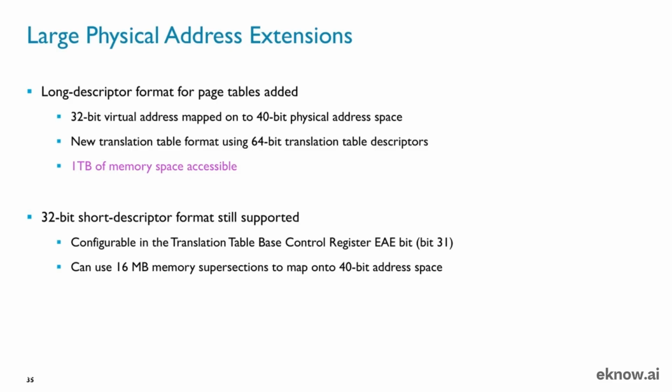Remember, page tables are what the Memory Management Unit, or MMU, uses to translate the virtual addresses used by software into the actual physical addresses of the RAM. To point to a larger physical address space, the entries in these tables, called descriptors, need to be bigger. The new long descriptor format uses 64-bit descriptors.